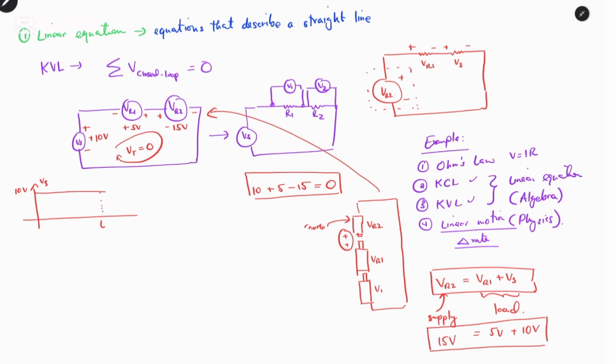We can analyze for t equals 10 seconds, and we can also have VR1, which equals 5 volts, and VR2, which equals, let's say, minus 15 volts.